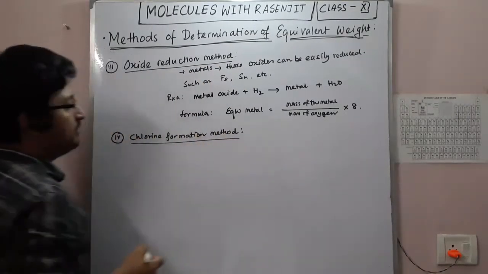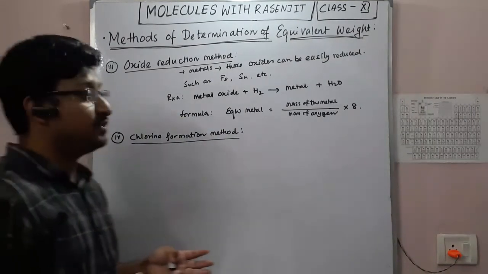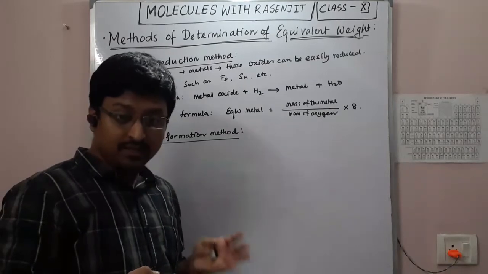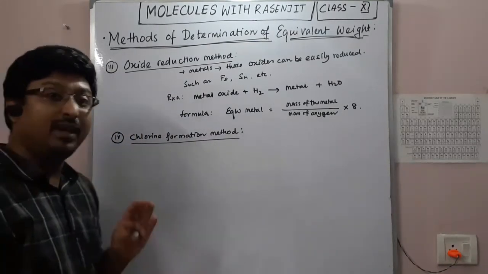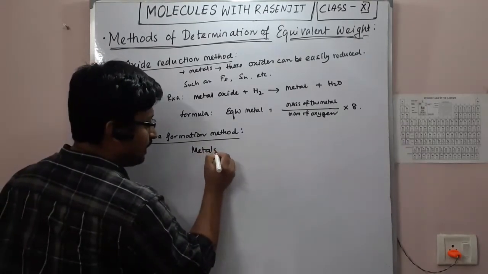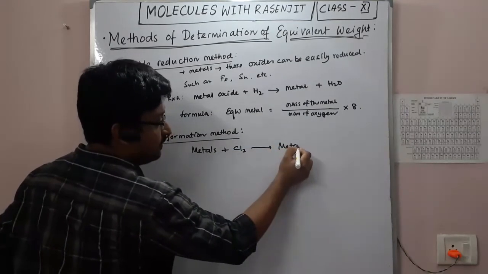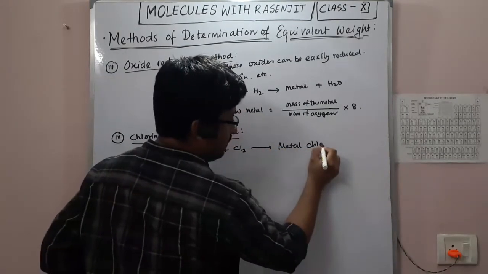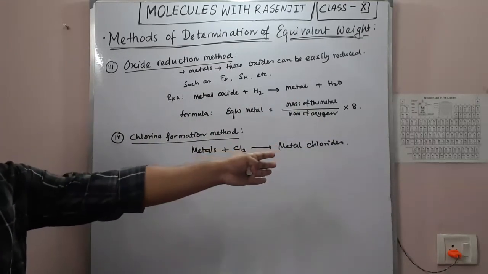It calculates the equivalent weights of those metals which can easily combine with chlorine to make metal chlorides, like metal plus Cl2 making metal chlorides. So this is the reaction I'm proceeding with.